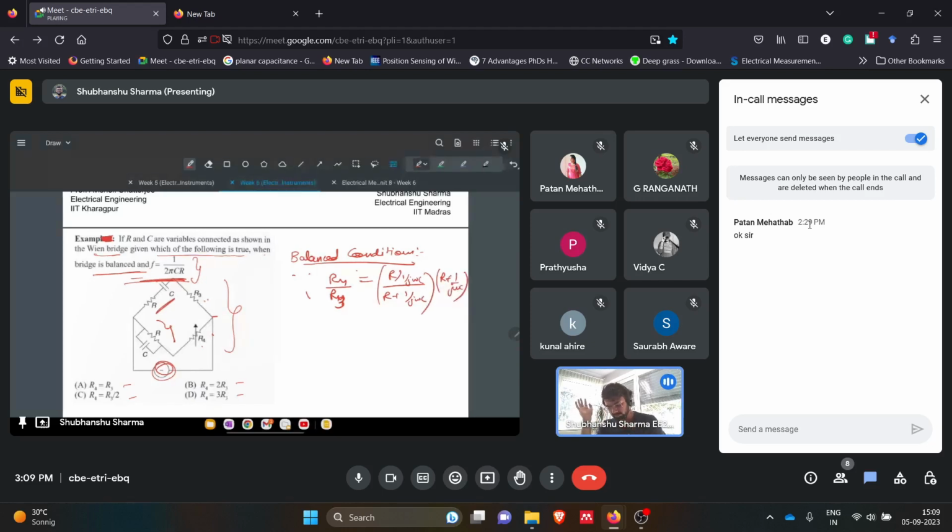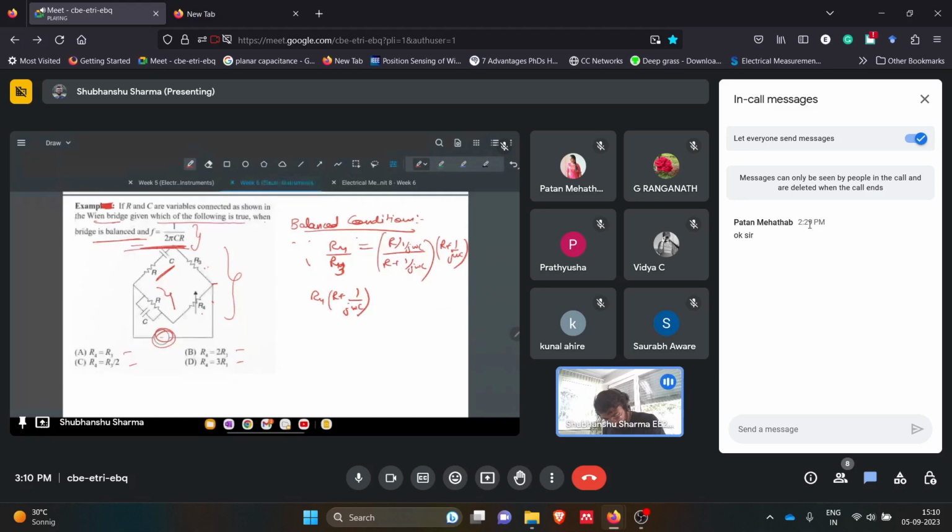If you rearrange these things, then you will get R4 (R plus 1 by j omega C) equals R3, bringing that there, and this will be R1 by j omega C over (R plus 1 by j omega C). Now you just have to equate the real and imaginary parts after solving a little bit more.